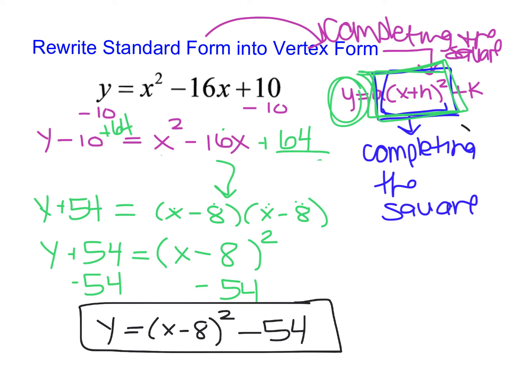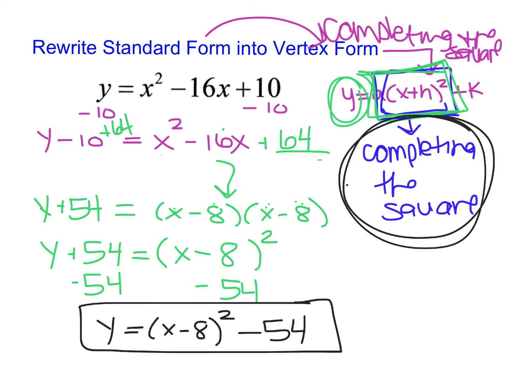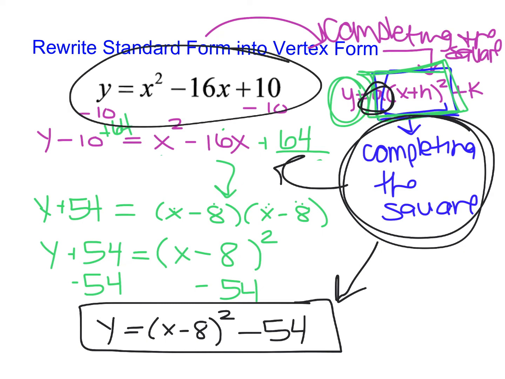So you can see here we were able to use completing the square to rewrite this from standard form into vertex form. And because our knowledge of completing the square is a little bit limited, we're only going to be doing the more simple completing the square problems. So you won't really have to worry about the a values here in Algebra 1, but we're just going to do those simple ones using completing the square to write simple standard form into simple vertex form.